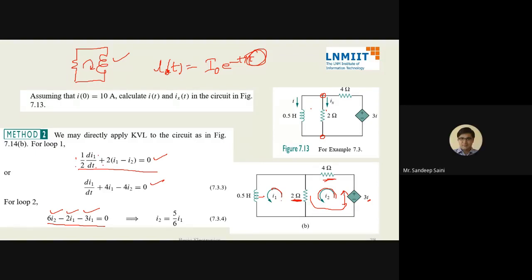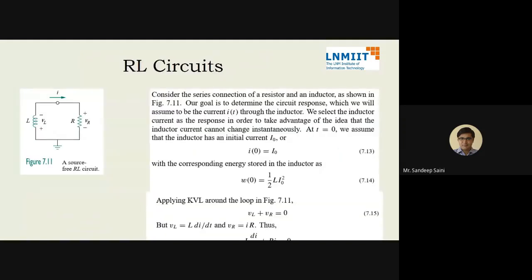Okay. See, across the inductor, is it given anywhere whether this is plus or this is plus? No, sir, it's not given. So then conveniently we can assume our own direction, right? Yes, sir. But in the resistor it will be opposite. Why? See, when I went there, I said I am assuming this is VL, this is VR.